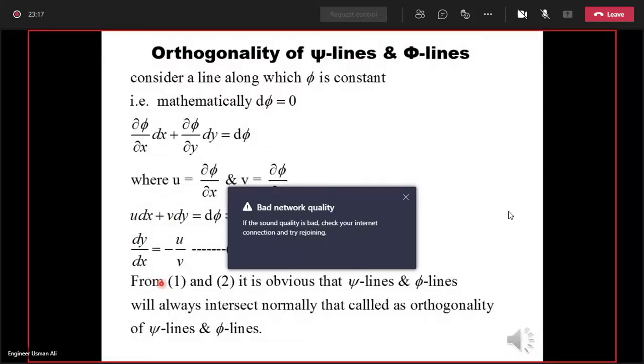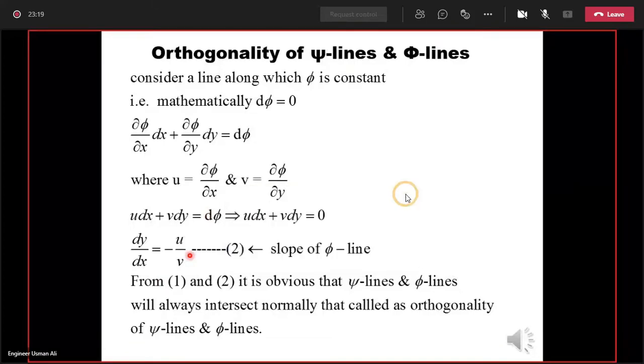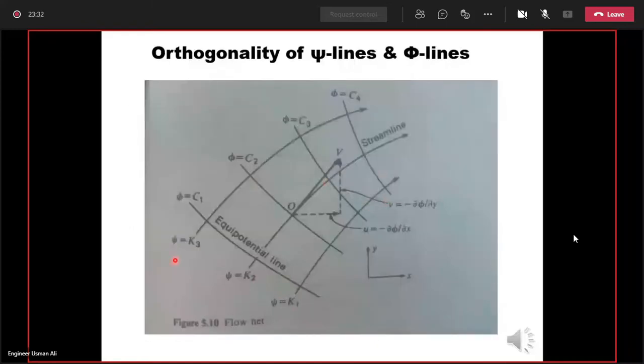Now further, this is typically shown as a network of streamlines and equipotential lines, that is called a flow net. So these are the streamlines, K1, K2, K3, and these are the equipotential lines, Psi1, C1, C2, C6. For example, this is the equipotential line C1, and these are the flow lines.